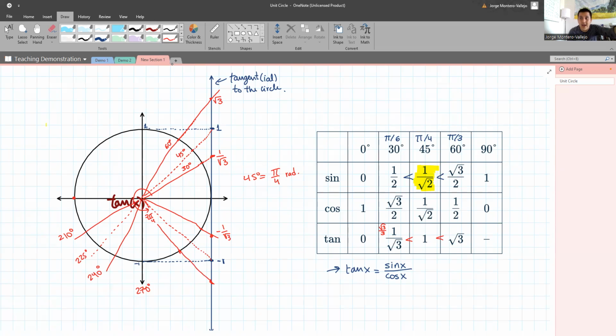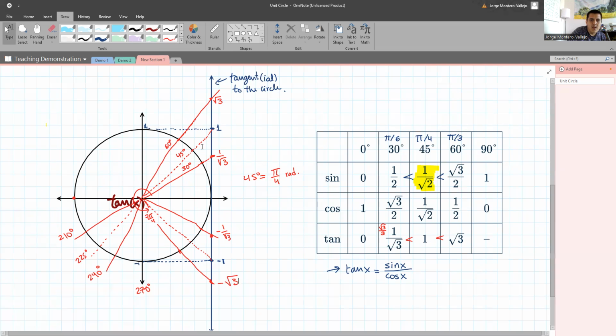That's the one that is after -1, and that is negative square root of 3. So that is how you use shadows for sine and cosine, and for tangent, you just let it land on the tangent line to see what the sine value is, what the cosine value is, and what the tangent value is.